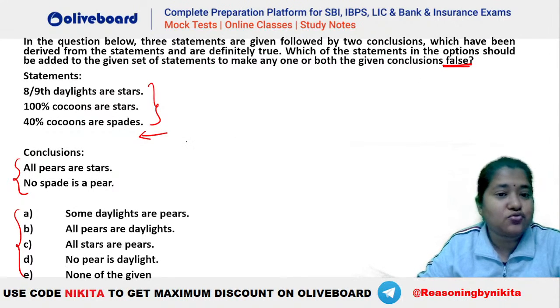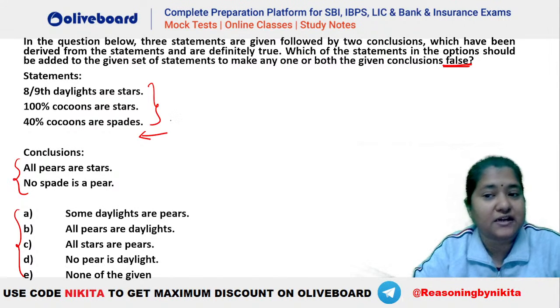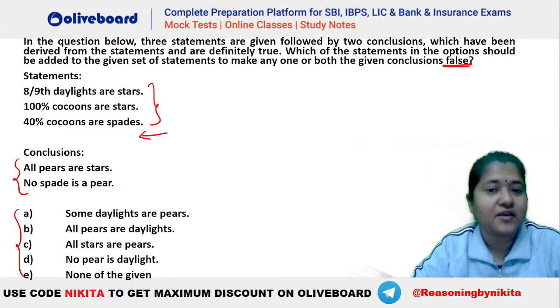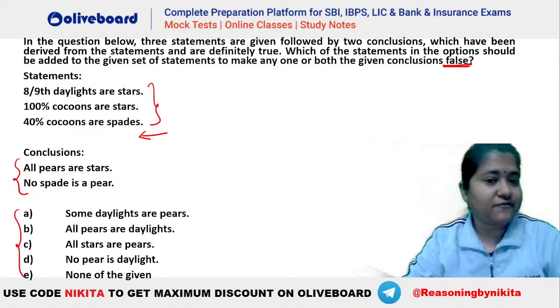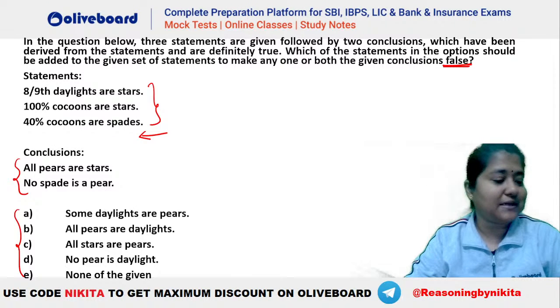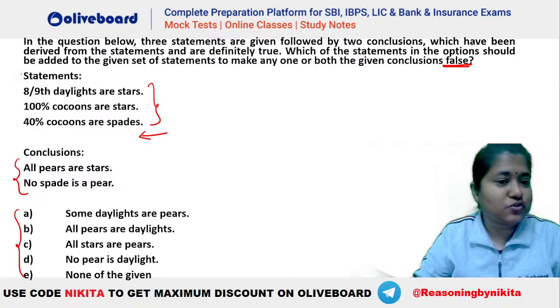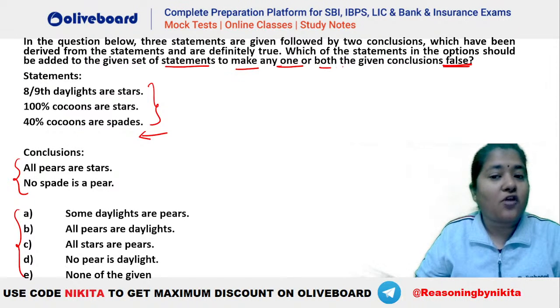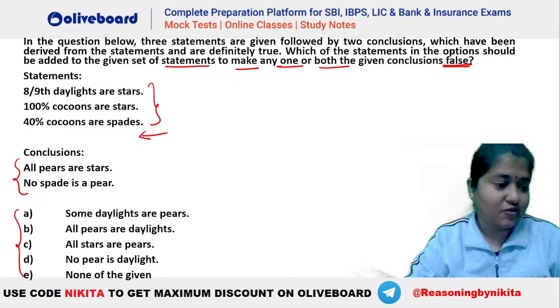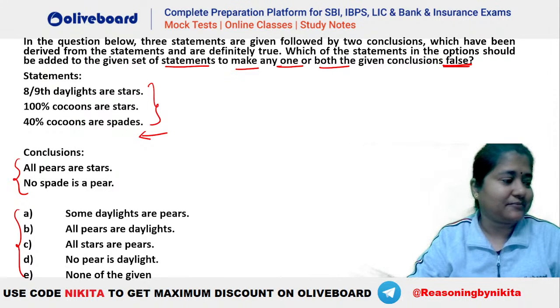Either one of them should be definitely false or both of them should be definitely false. You can see here which of the statements in the option should be added to the given set of statements to make any one or both the given conclusions false. Okay, try this. Let's see.